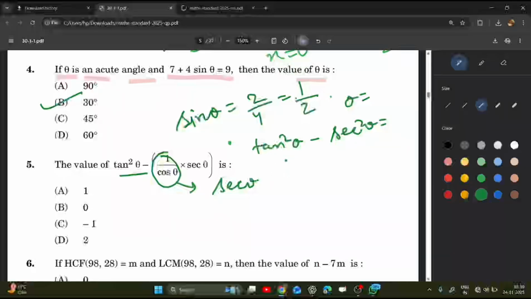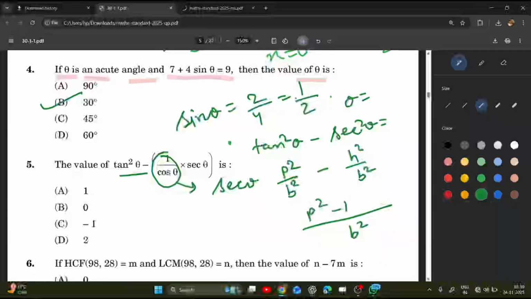How? Let's see. We know the ratio of tan theta. Tan theta is equal to perpendicular upon base, so we can write here P upon B. It is tan square theta, so square them. Similarly, the ratio of sec theta is hypotenuse upon base, and the square is here. Now the LCM of B square will be B square, here P square minus H square.